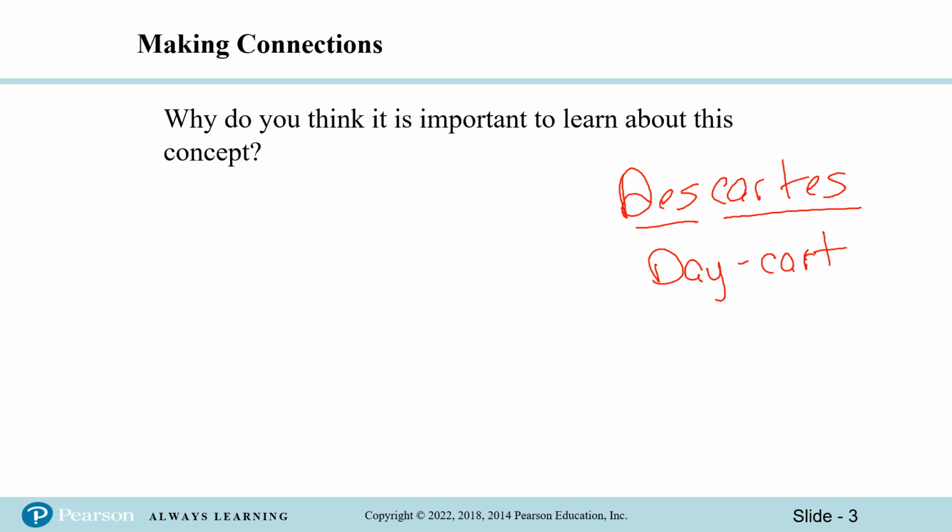That's how you pronounce that. I don't know why, but that's how you pronounce his name. It's a famous mathematician who was Swiss, maybe? I think he was from Switzerland. I don't remember. Anyway, make sure you answer the question why you think it's important.